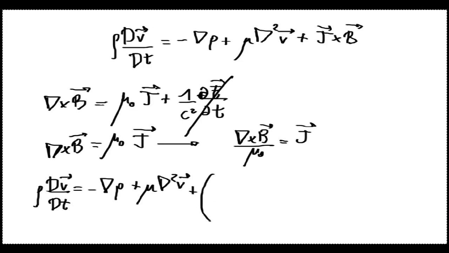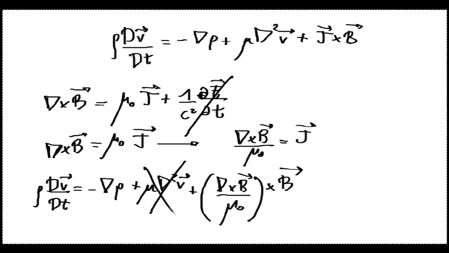In ideal MHD, as its name suggests, we deal with ideal fluids, so no viscosity. Hence we can neglect the viscous term, and we'll see why we can do that for certain conditions in another video.